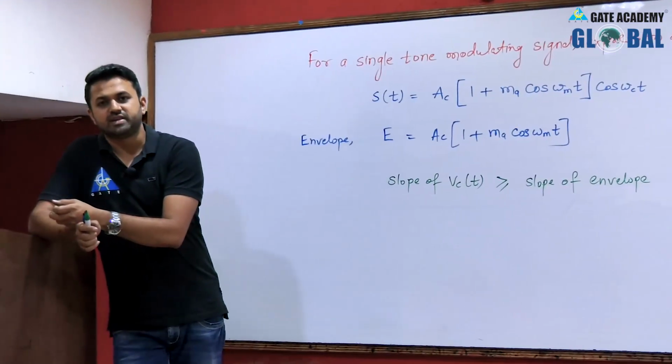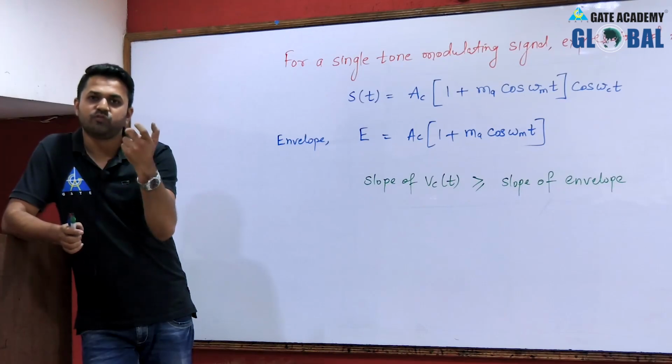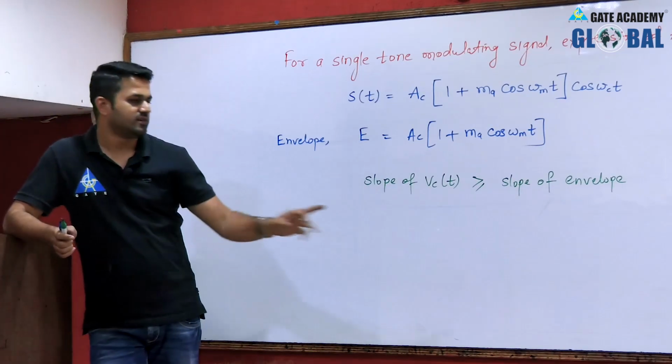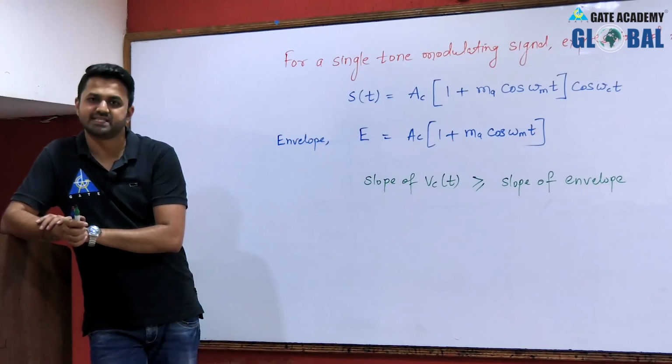The message signal lies in the envelope, so the capacitor should follow that envelope. We have to make this condition hold properly, then only will we get the message signal back.